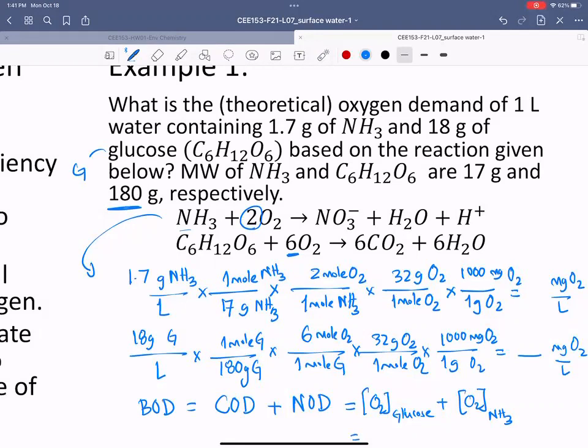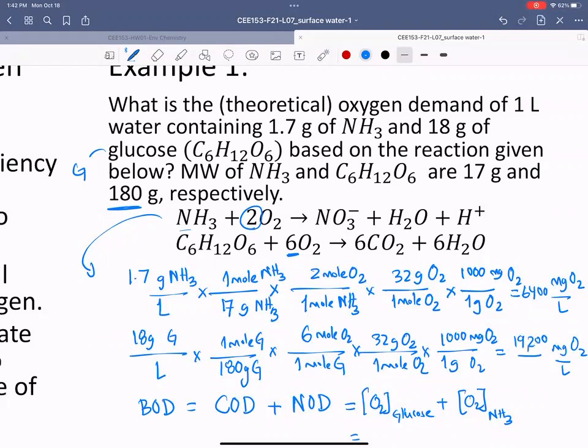Anybody who got the answer here? How much oxygen is required for ammonia? 1.7 times 2 times 32,000 divided by whatever the number is. 6,400. Whatever the next one. 19,200.